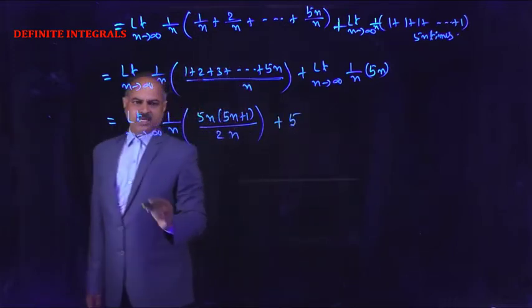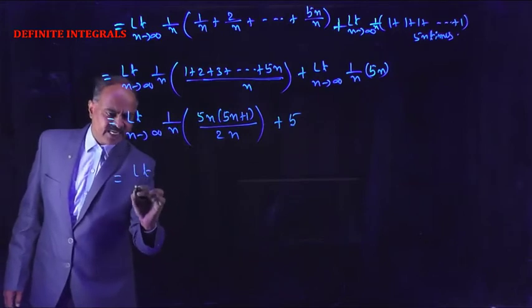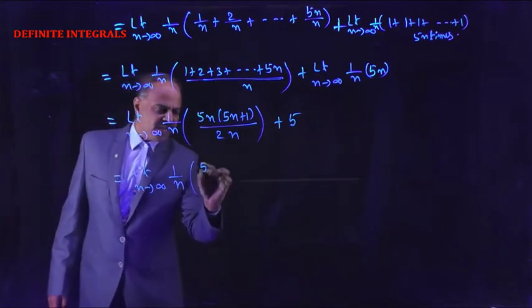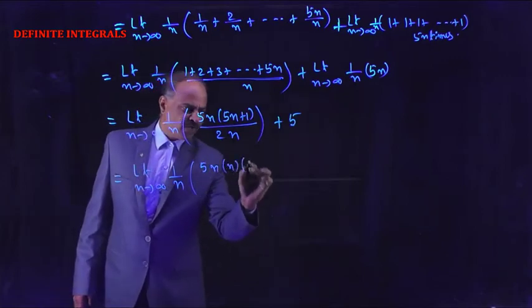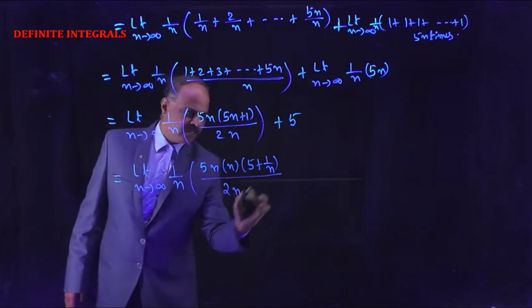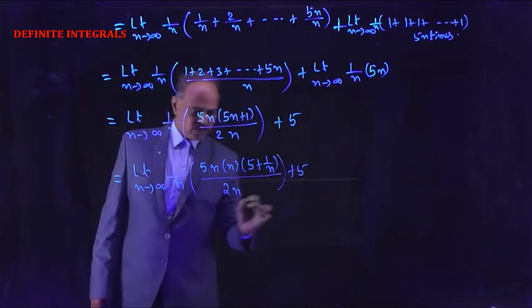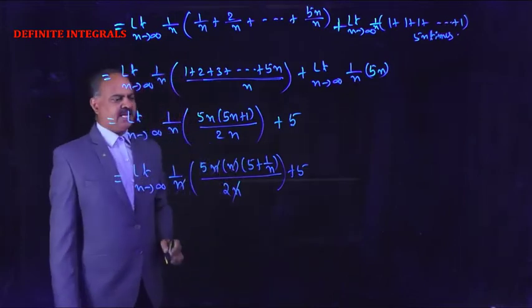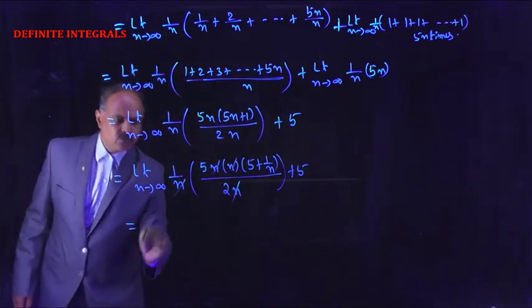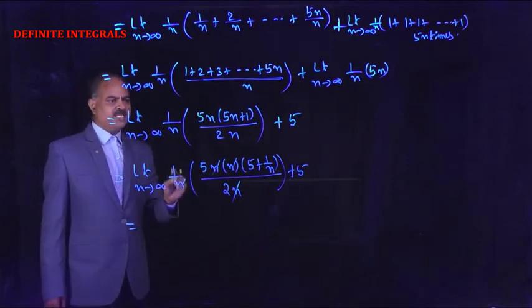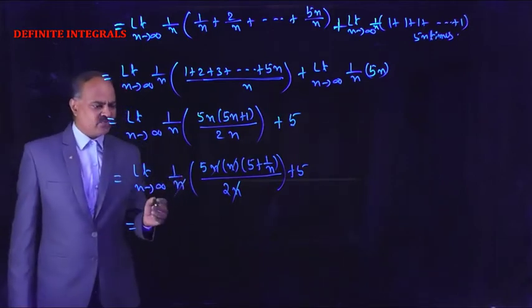So next, this is equal to limit n tends to infinity 1 by n into 1 by n into 5n into n into (5 plus 1 by n), by (2n plus 5). So here this n and this n get cancelled. Now this is equal to limit n tends to infinity 5 into (5 plus 1 by n) by (2 plus 5).